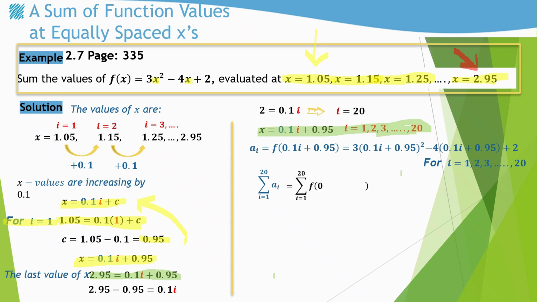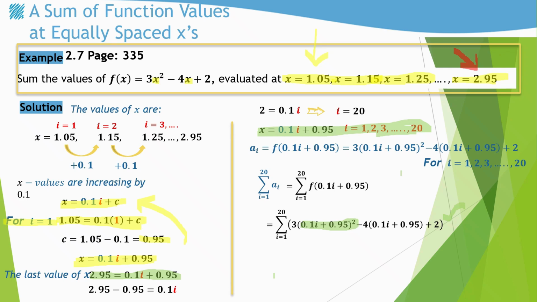For sigma f of x_i, in the place of x you can replace 0.1i plus 0.95. Again, if you are doing a multiple choice question using a calculator, you can directly enter it. If not, let's split it out. How? The formula for a plus b the whole square, you should know for the first half.